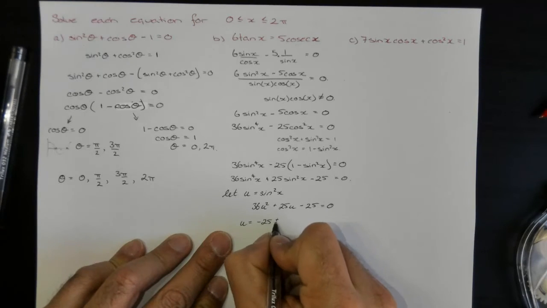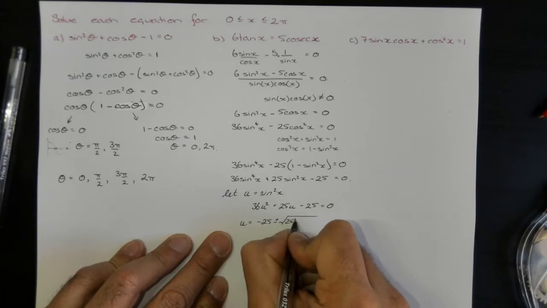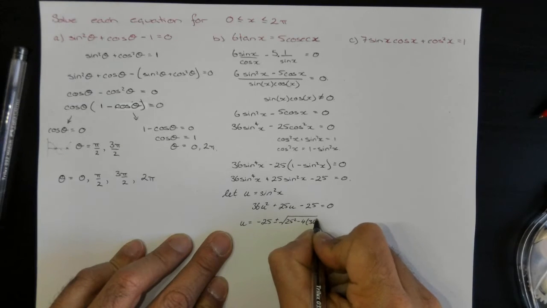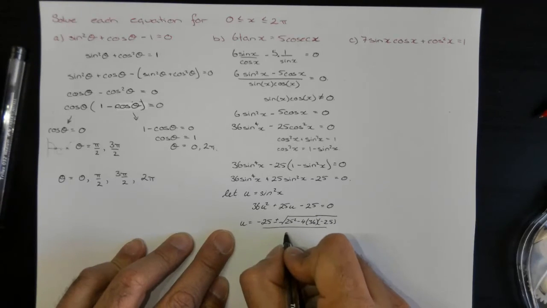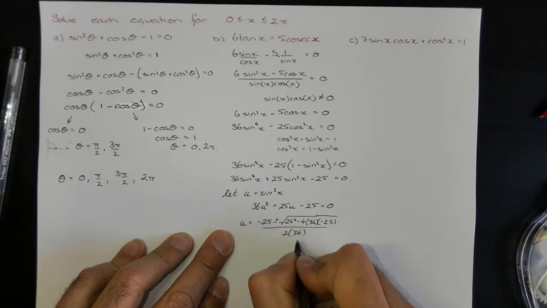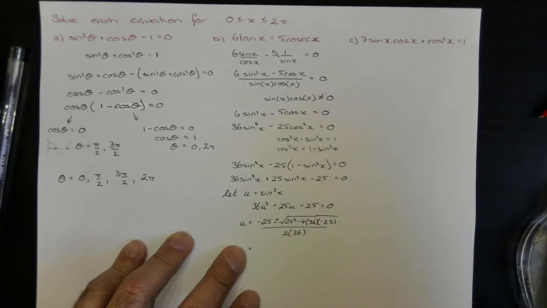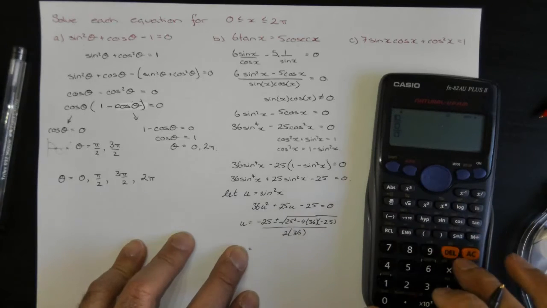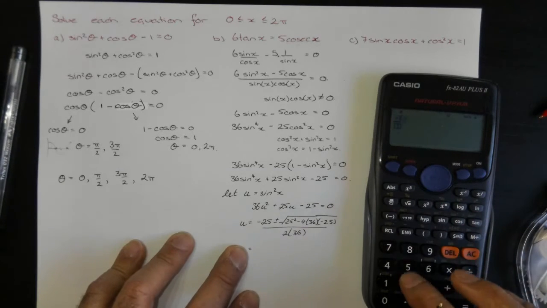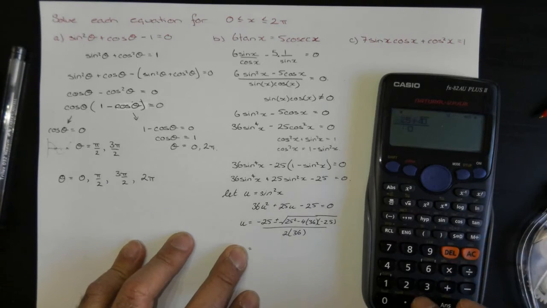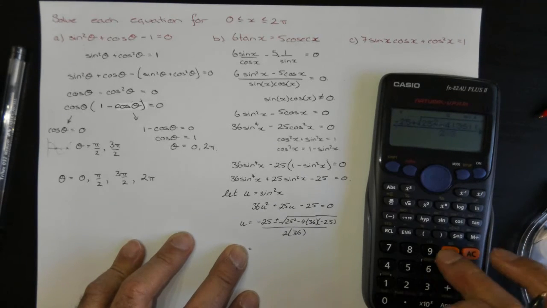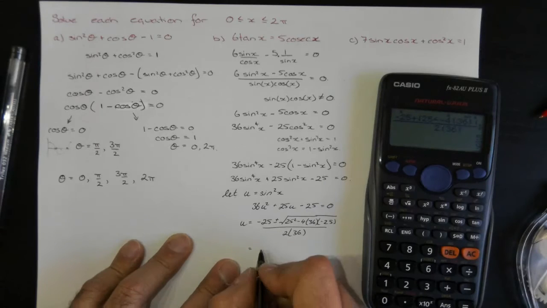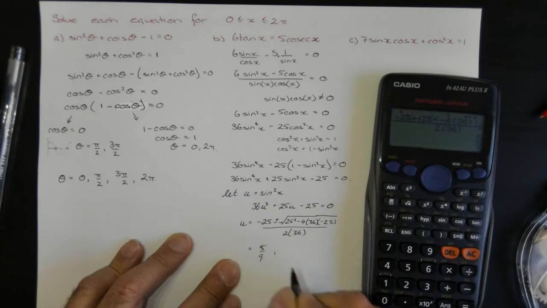minus 25 plus or minus the square root of 25 squared minus 4 lots of 36 times minus 25, all over 2 lots of 36. Let's just see what that might be. Minus 25 plus square root 25 squared minus 4 lots of 36, over 2 lots of 36. I get 5 over 9.